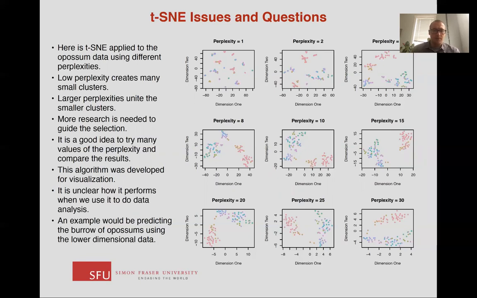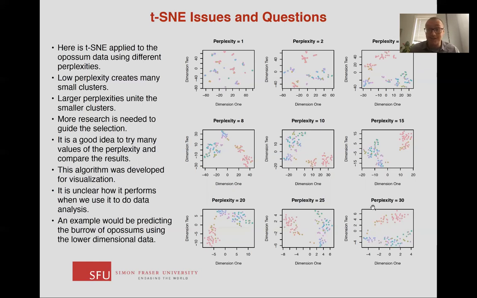So what we see up here is low perplexity, equal to 1. It creates many small clusters. And then as I increase it, the clusters begin to merge. So again, if we're using this idea that the perplexity is similar to the number of neighbors, you can see there are very few local neighbors here, and now the number of neighbors increases, until we have what looks like two large components down here.